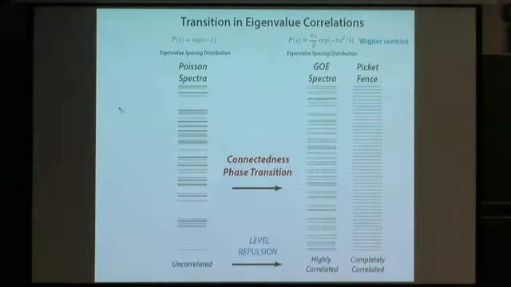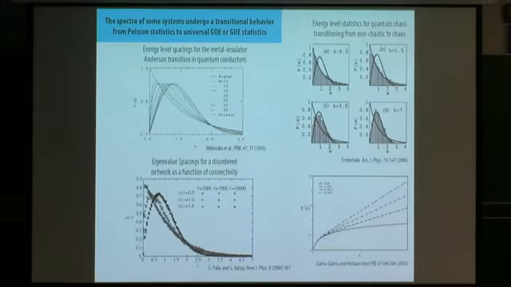Now, just to give you an idea, this is completely uncorrelated Poisson distributed eigenvalues, moving over to more highly correlated repulsive eigenvalues, and then this would be the completely repulsed case where they're all evenly distributed, the so-called picket fence. And some of the transitional behavior that we see has also been seen in these quantum chaos problems, as well as energy level spacings for the metal-insulator Anderson transition and quantum conductors.